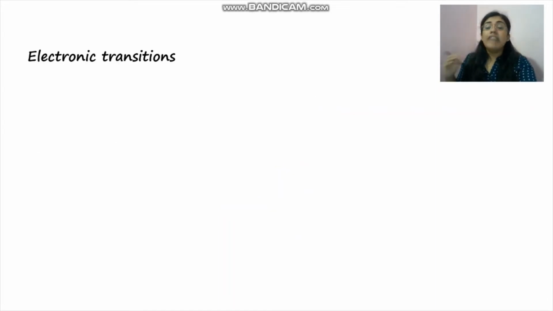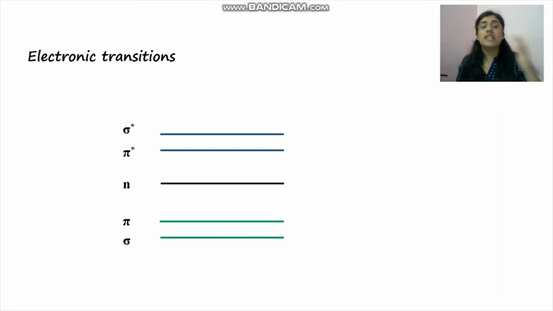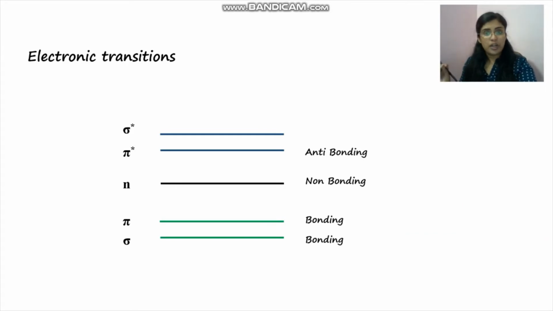The various electronic energy levels are sigma, pi, n, pi star and sigma star, where sigma and pi are the bonding energy levels. n is the non-bonding energy level, pi star is an anti-bonding energy level, and sigma star is also an anti-bonding energy level.